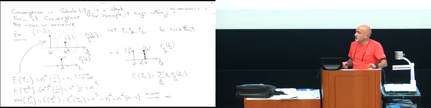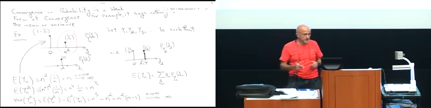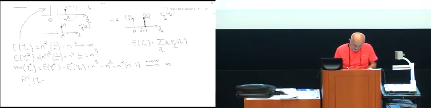What happens to the probability that y of n minus 0 is greater than or equal to a certain amount as I take this to infinity? This is the limit of what?